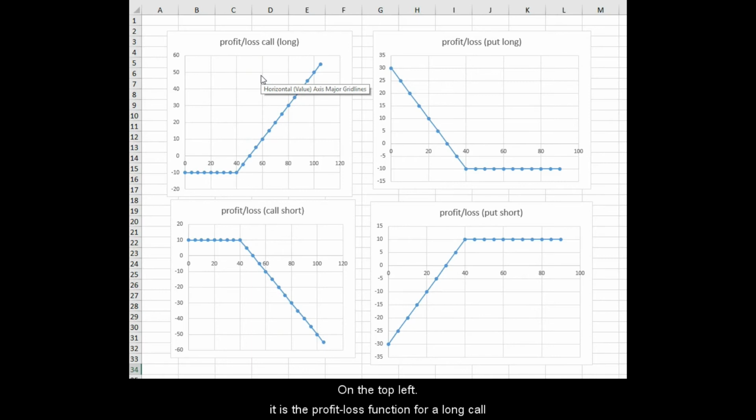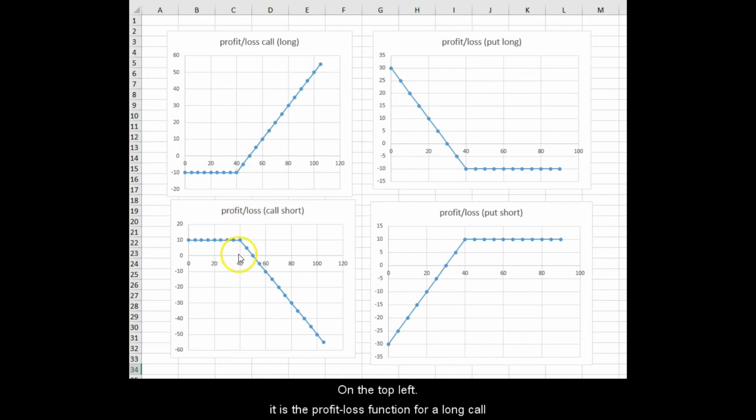On the top left, this is the profit loss for the call, a long position. To make it more meaningful, we exaggerate the premium. So this is the profit region, and this is the loss region. This is profit or loss for the put option, a long position. When the stock price is less than the exercise price, we assume exercise price is 40.